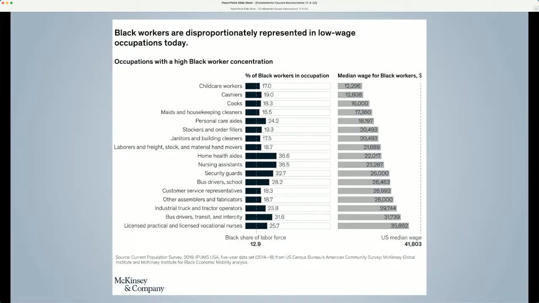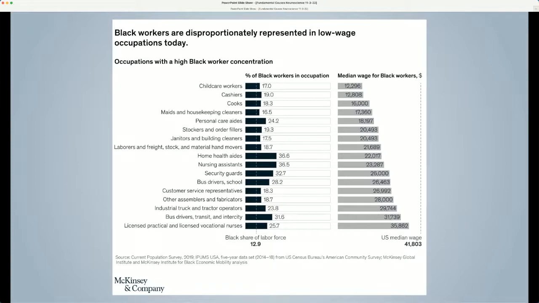Achieving this form of pay equity would boost total African American wages by 30% and draw approximately 1 million additional workers into employment.